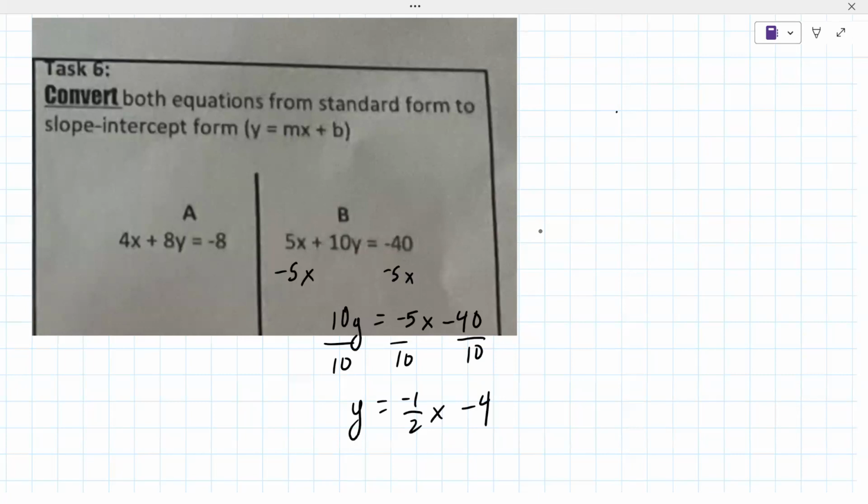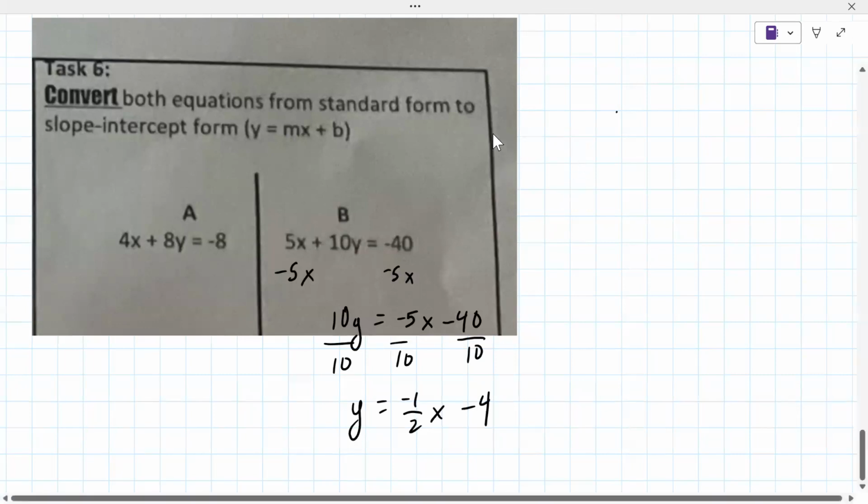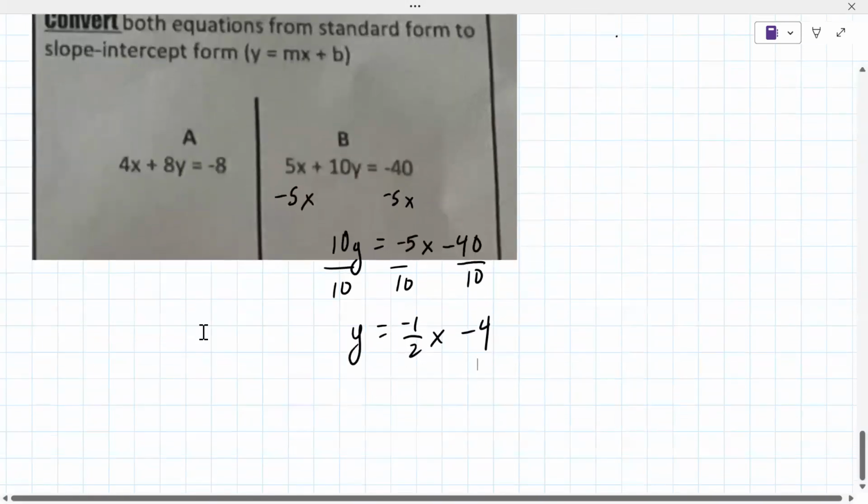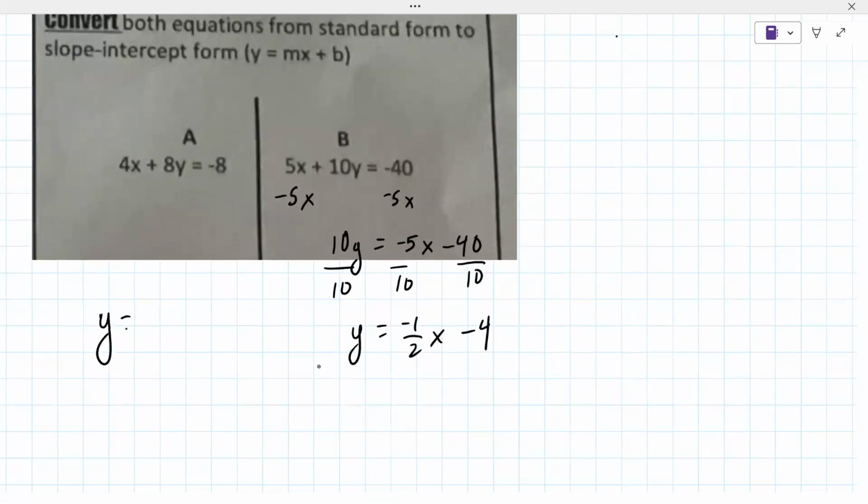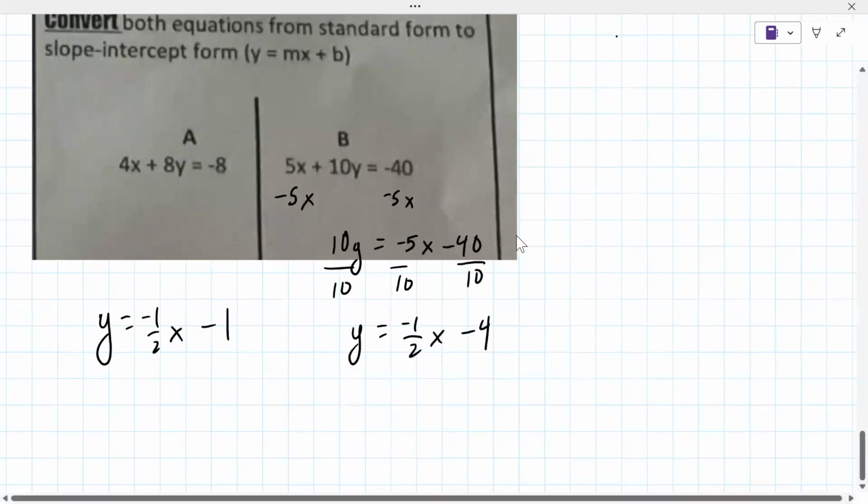I got -1/2x minus 1. Like this? Yeah. Okay, so are these parallel or perpendicular?